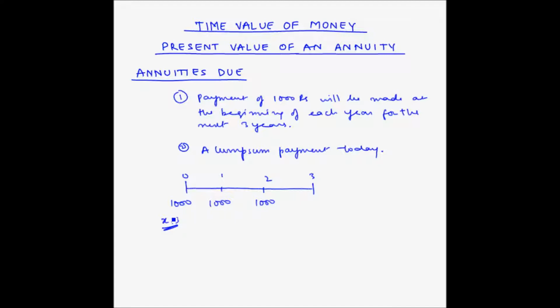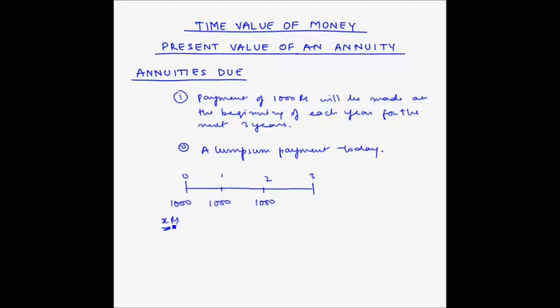So in other words, the present value of an annuity is the single lump sum payment today that would be equivalent to the annuity payments spread over the annuity period, or it is the amount today that would permit withdrawals of an equal amount at the beginning, in case of an annuity due, of each period for n periods.